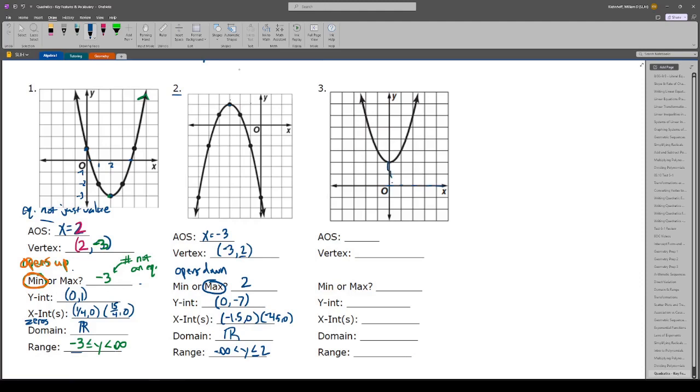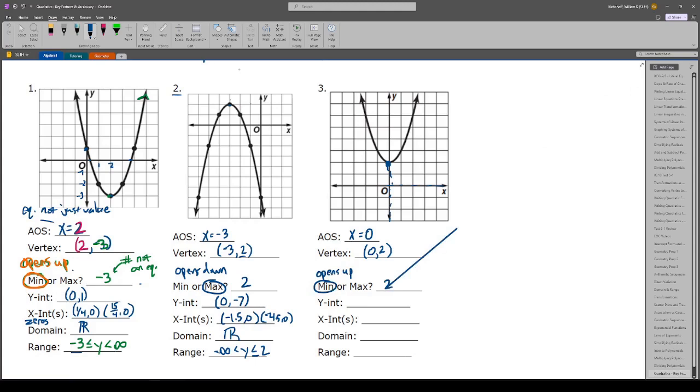It is still on the y-axis, and the y-axis has the equation x equals 0. So every point on the y-axis has an x value of 0. Our vertex then is 0, and we look at the graph, our y value is 2.